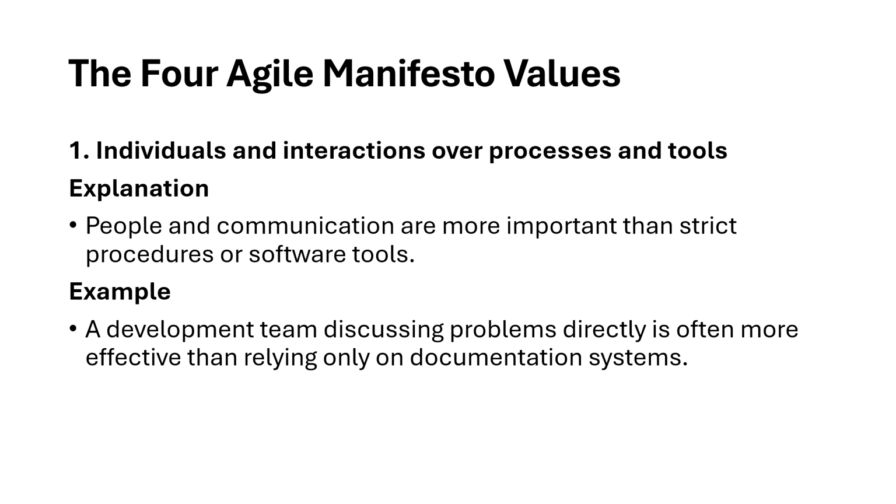So, Agile gives more importance to human communication and teamwork rather than just following the procedures and the processes and just waiting for the good results. So it says give priority to individuals, talk to them, interact with them, come up with the solution.